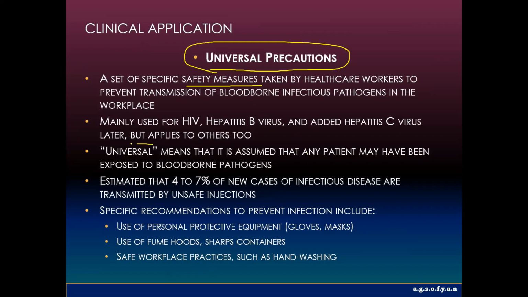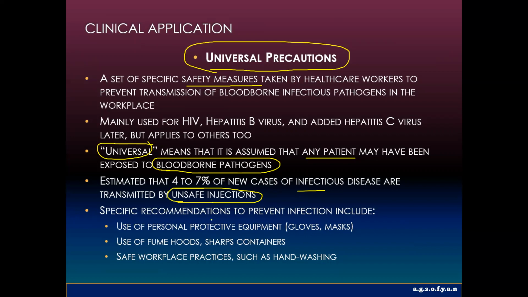Universal means that we assume that any patient we work with has been exposed to some blood-borne pathogens, maybe bacteria, viruses, or maybe some parasites like malaria. It is estimated that about 4 to 7% of new cases of infectious disease are transmitted by unsafe injections. So this is one of the ways infectious disease enters somebody's body.